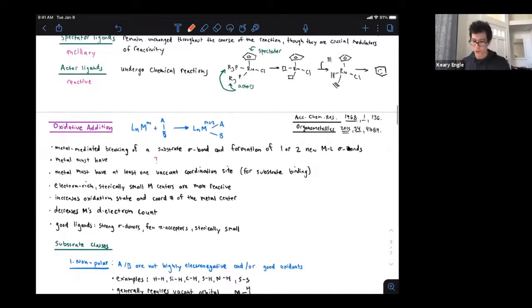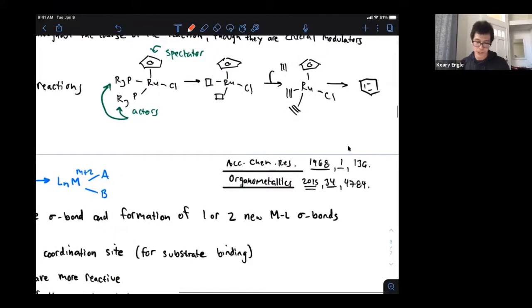And so just one quick example from the area of alkyne trimerization chemistry. An active alkyne trimerization catalyst is this ruthenium, Cp ruthenium chloride bisphosphine. Sorry, let me get to the right page on my notes. So the Cp ligand is bound to the metal during the whole reaction coordinate.